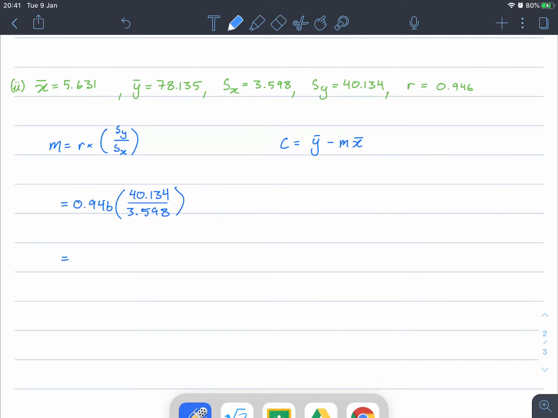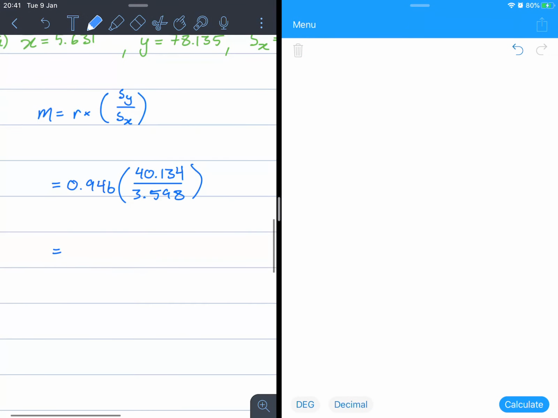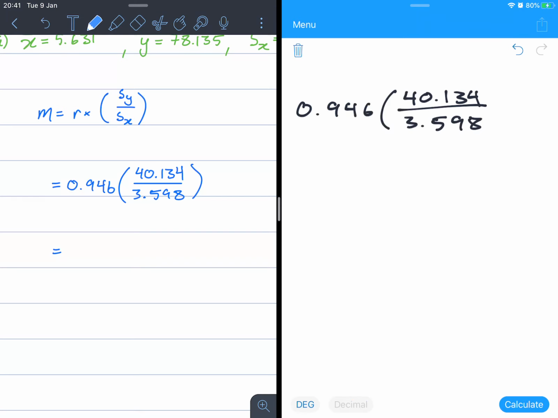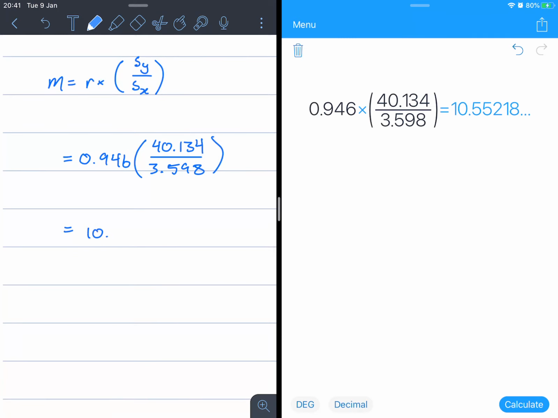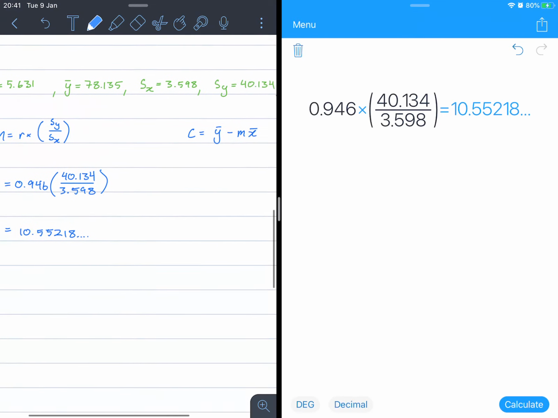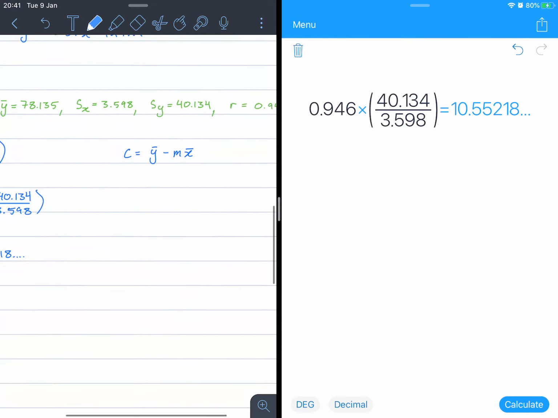Let's use our calculator now: 0.946 times 40.134 over 3.598. This is equal to 10.55218.